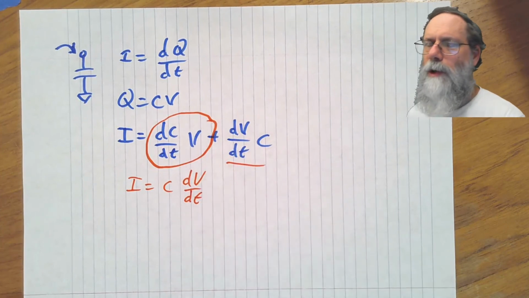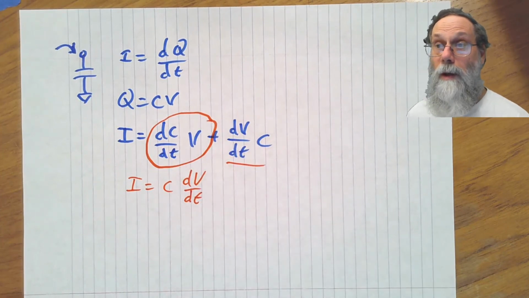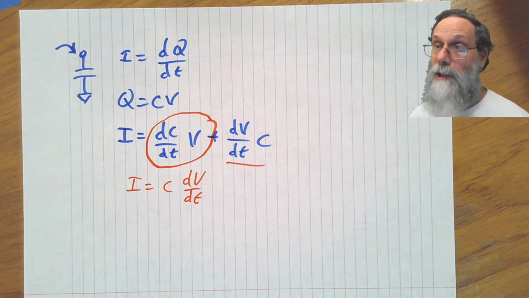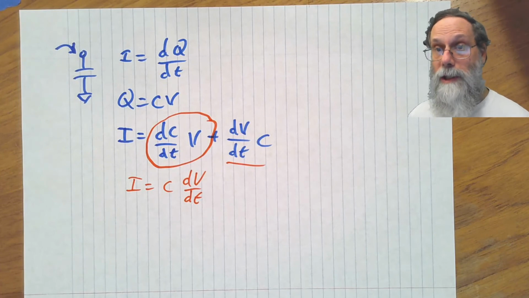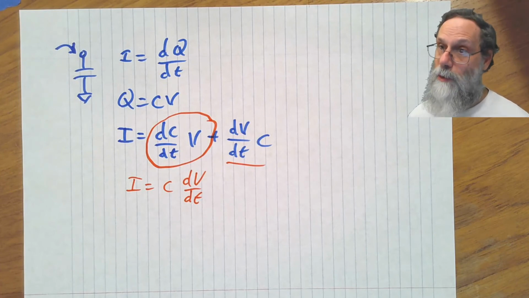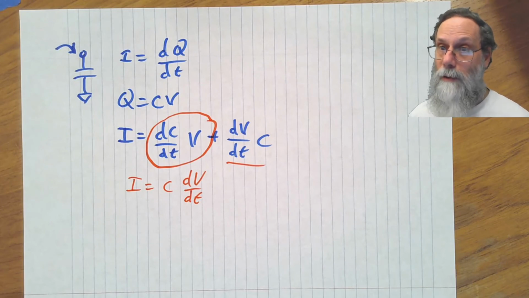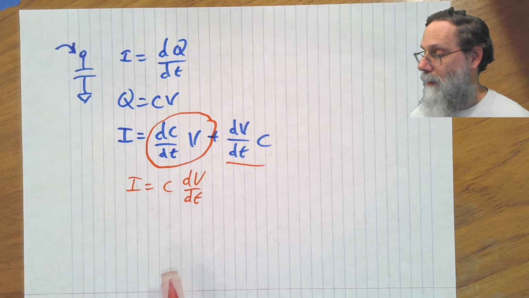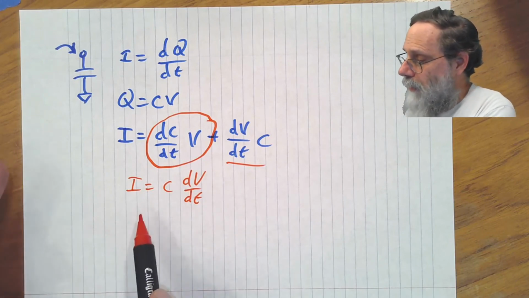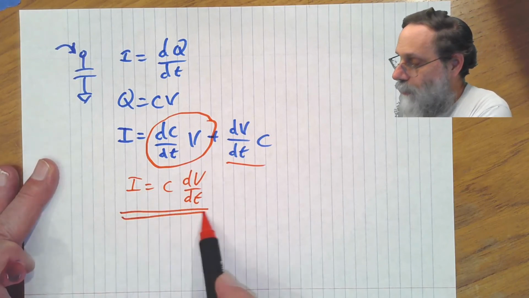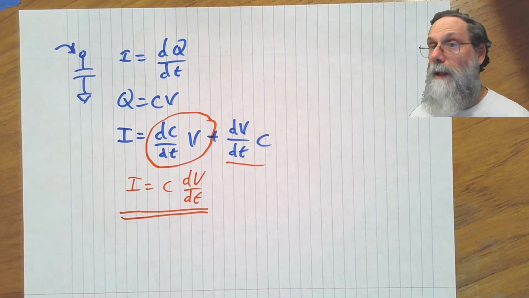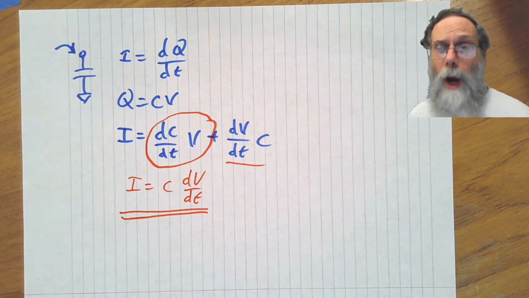What happened to this first term? Well, what they're talking about are fixed capacitors. If the capacitance doesn't change, then dC/dt, the change of capacitance with respect to time, is 0, and that term disappears. So there are a lot of times when we can get away with using this simpler form, I equals C dV/dt, but it's not quite right.